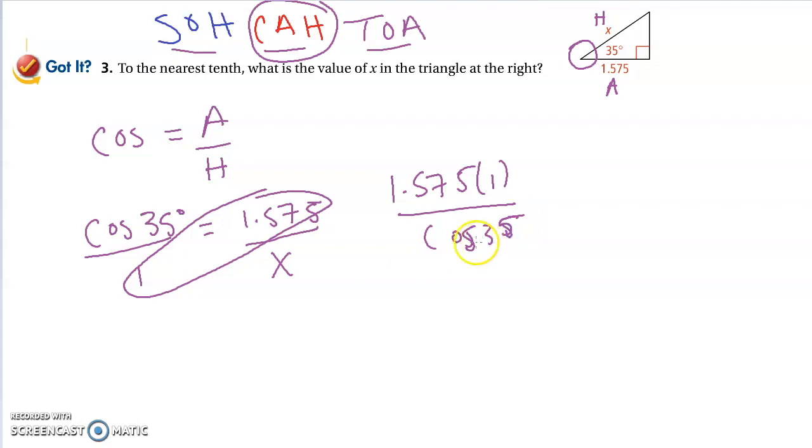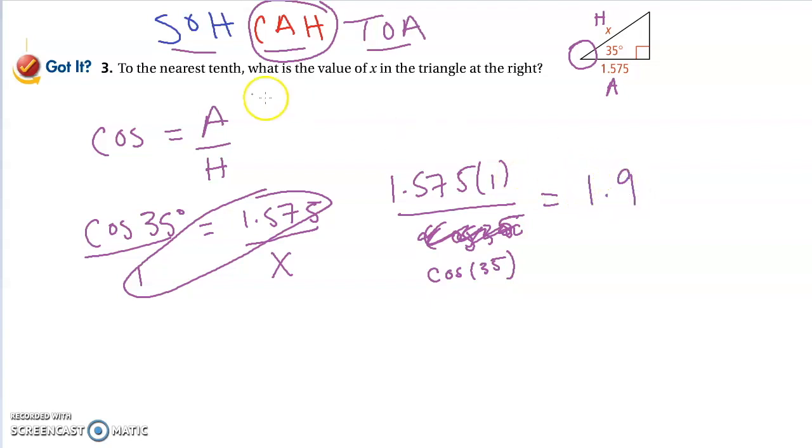Cosine 35 looks really weird, so I'm going to rewrite this as cosine of 35 degrees. Now, I'm just going to go ahead and with a calculator figure out what 1.575 divided by cosine of 35 degrees is.